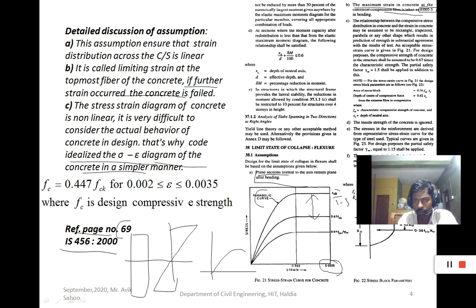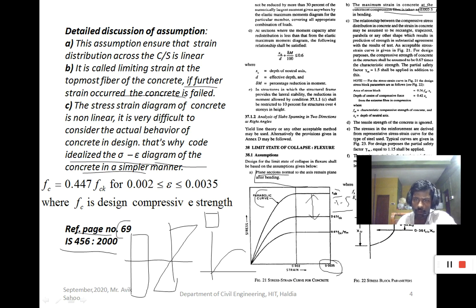This factor of safety is called the size factor, meaning in the laboratory we use a standard size, but in the field different sizes are used. So they consider one factor of safety for the different sizes, that is 1.5. So we go from fck to 0.67 fck.